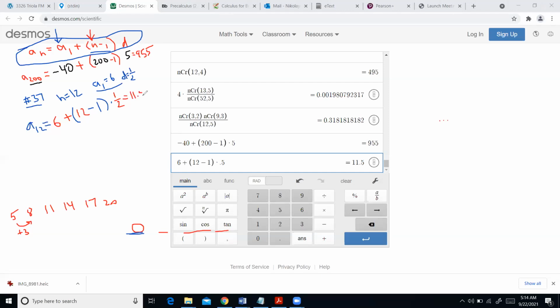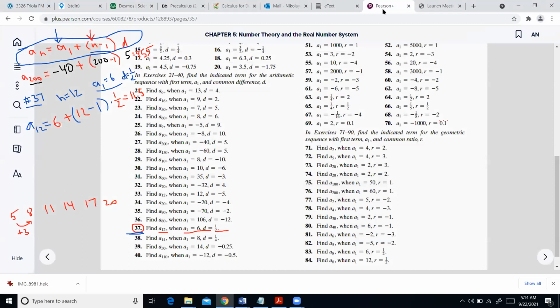Okay? So here it is. I would say that's a nice thing to have, because if you don't have a formula, then every time you do these problems, you will have to produce the formula. And that's a little bit annoying.